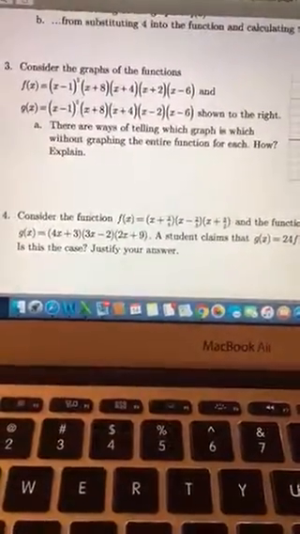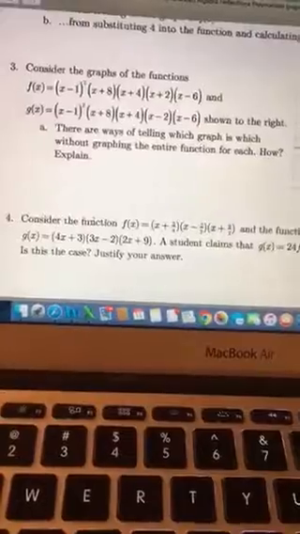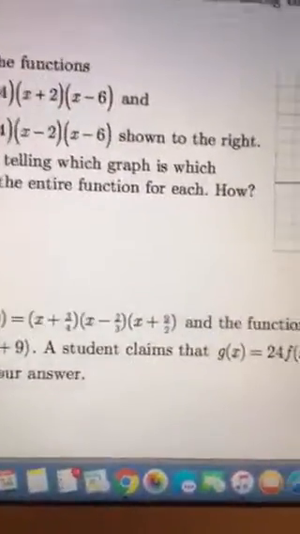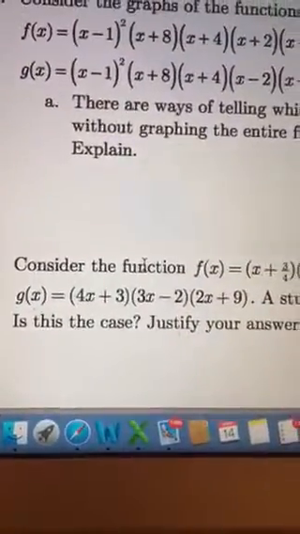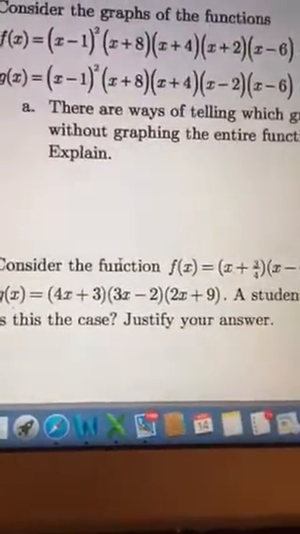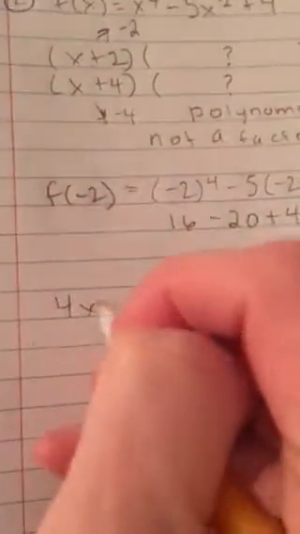All right, so consider these functions. Okay, so I think I might discuss with you this one specifically. Take a look at this. 4x plus 3. What would be the solution to 4x plus 3? All right, let's sit here. I'm going to come over here. So 4x plus 3.